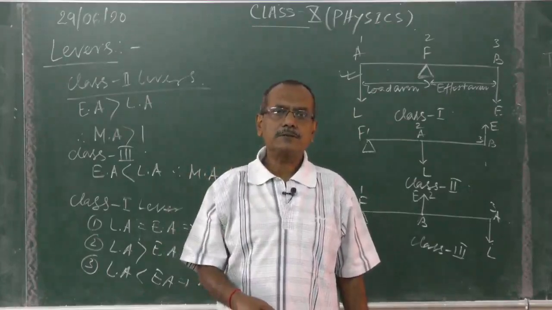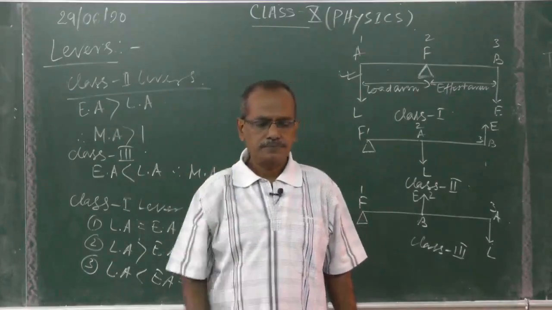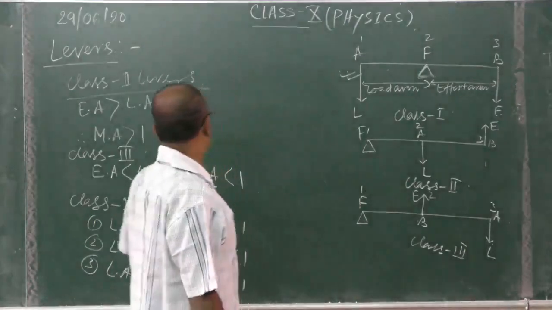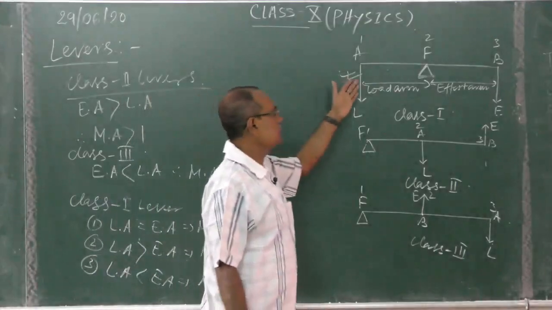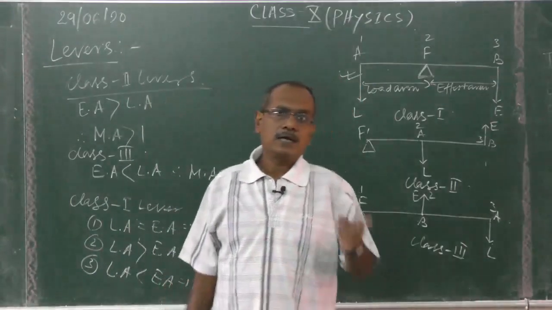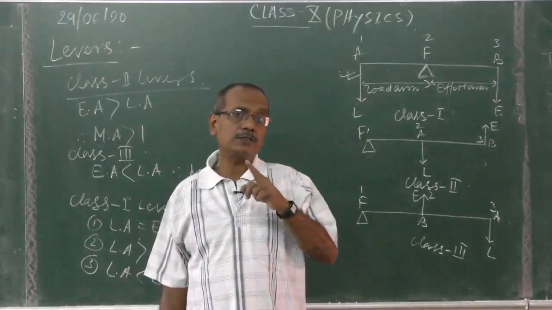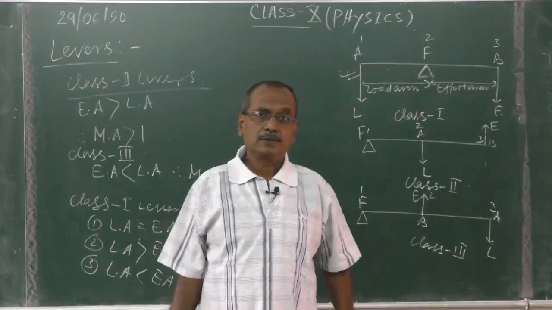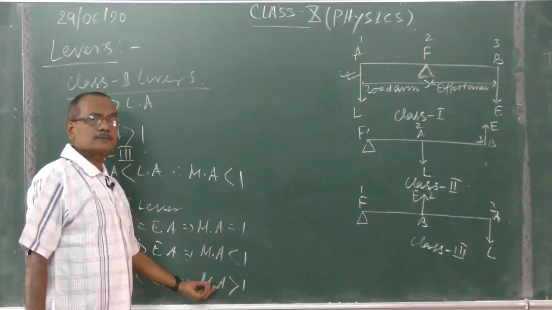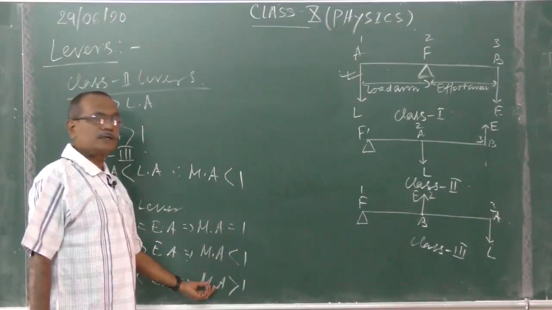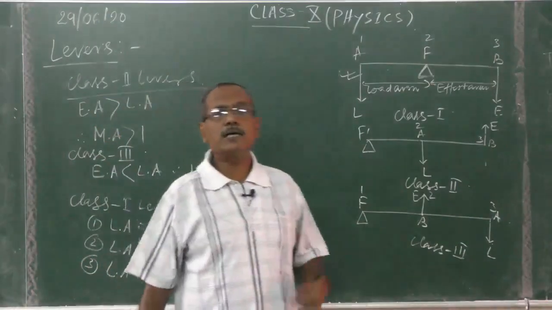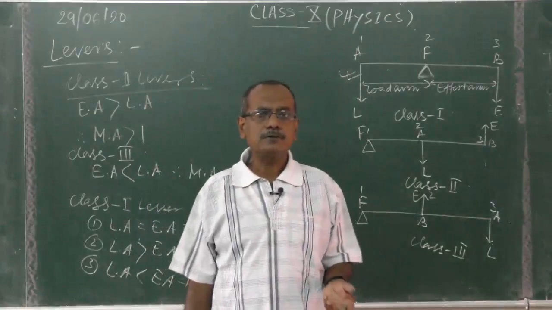Hand pump means tube well pump. So these are the general examples for a class 1 lever. Class 2 lever, I told you, is a force multiplier. So class 1 lever may be used in all cases. That is a force multiplier as well as a gain in speed also.